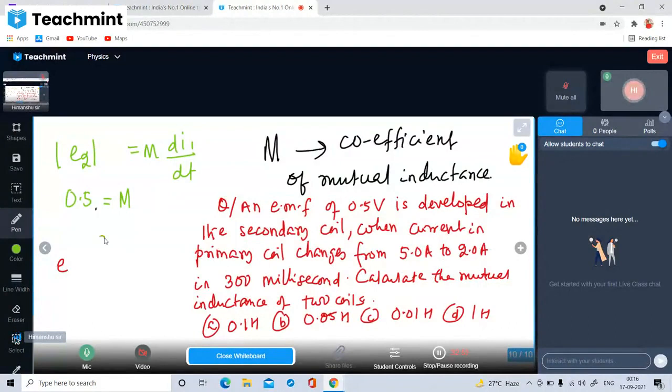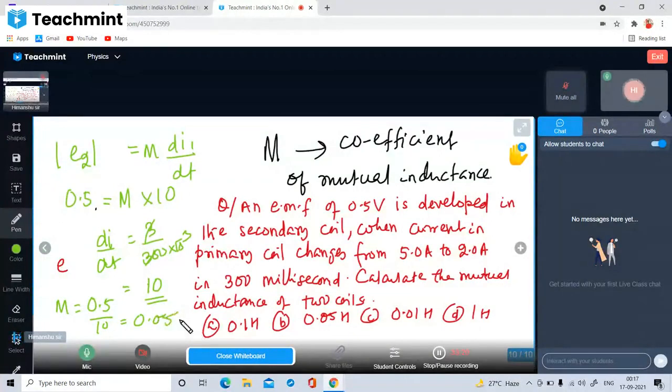That means di by dt is 3 ampere in 300 milliseconds, that means 300 into 10 to the minus 3. So 100 into 10 to the minus 3 gives 10 to the minus 1 and 10, so 10 is di by dt. Understood? So M is equal to 0.5 by 10, that means 0.05 Henry. So option B will be your answer.